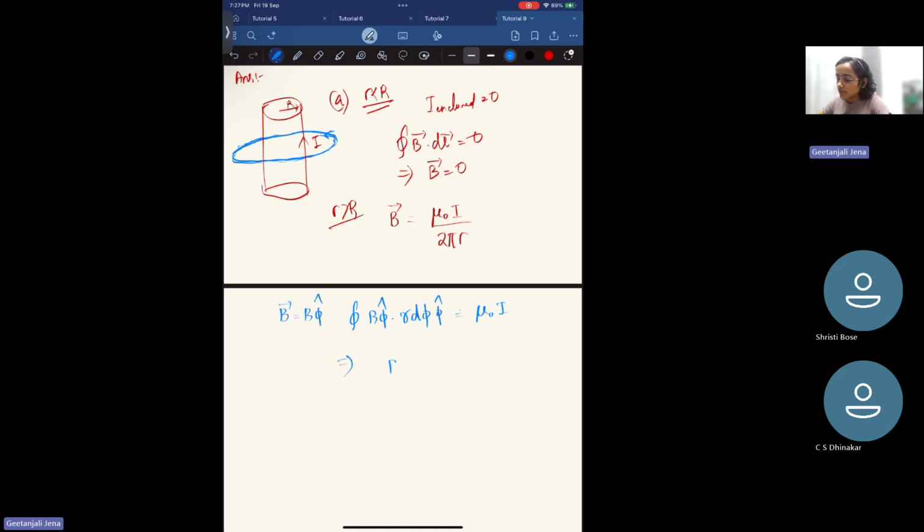So this will give B 2 pi r equals mu naught I, which gives the same answer as before: mu naught I by 2 pi r.